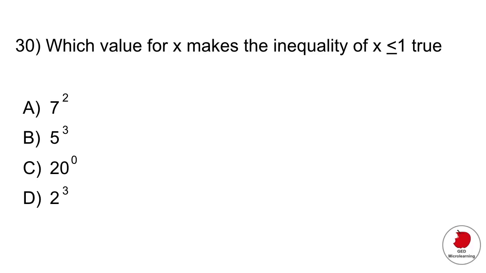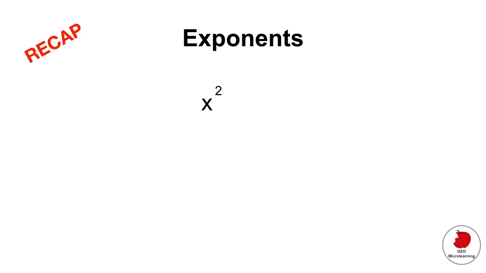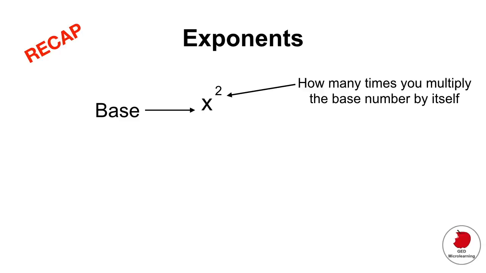All right, question 30 looks at inequalities. It says, which value for x makes the inequality of x minus equal to 1 true? All right, so let's remind ourselves of what exponents are. Whenever you have a number raised to another number, as you can see there, that's an exponent. Exponents have two parts, a base and the exponent.